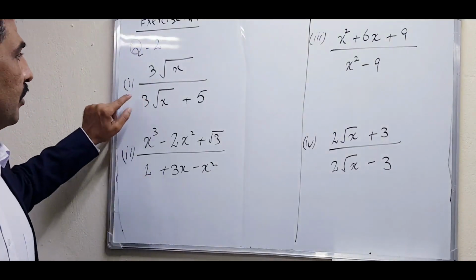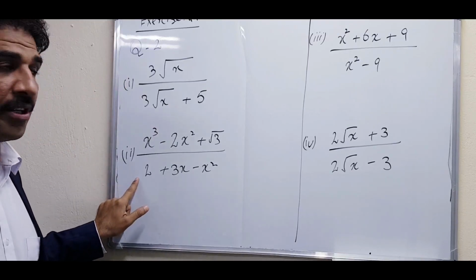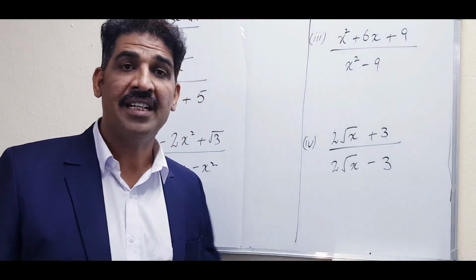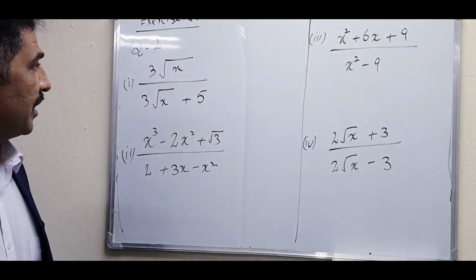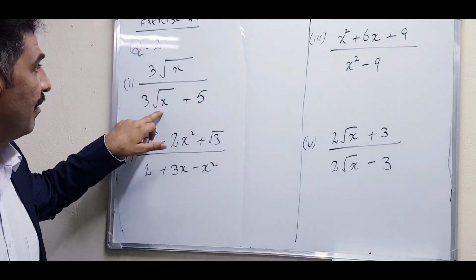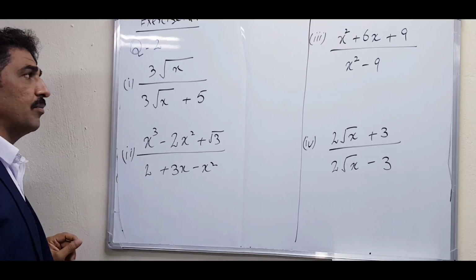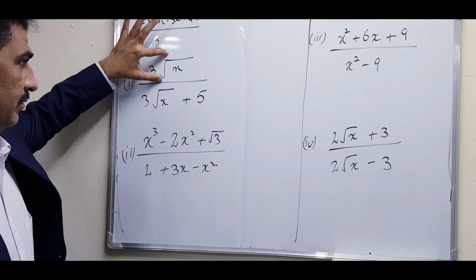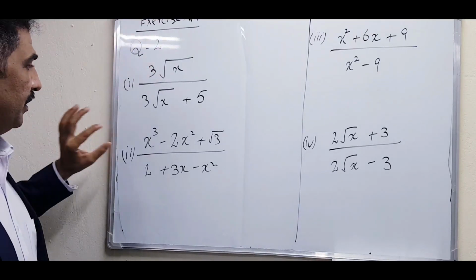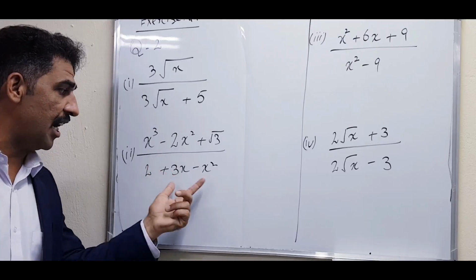Not a polynomial. Good. This is also not a polynomial. It's also not a polynomial, and it's also not a polynomial. Why are they not polynomials? Because here x is in the denominator, and the power is also such that it is not a non-negative integer; it is a rational number, or a negative integer after simplification.